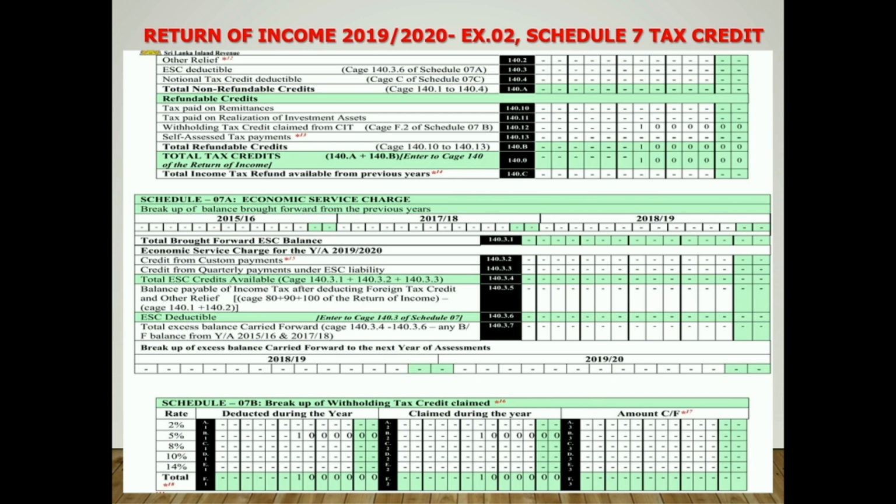The same I have entered in cage 140.12 and deducted. So this 10,000 amount I have taken into cage 140 of the first page of the return, as I have previously displayed. So likewise, you can claim the tax credit with a refund during the year of assessment.